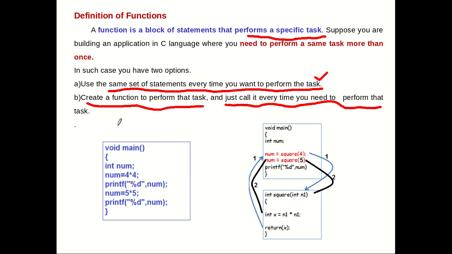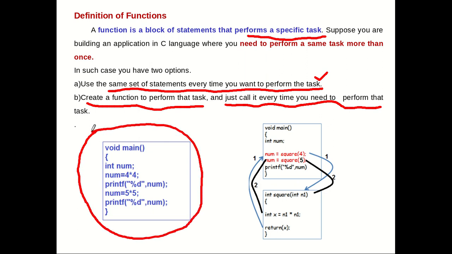Let us consider an example. I want to find the square of a number. Here, this program has been implemented without using the concept of a function. A variable has been declared to store the square of a number.